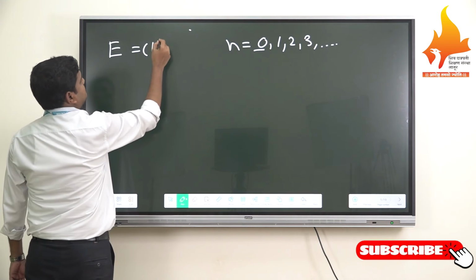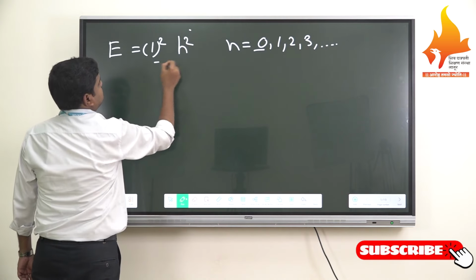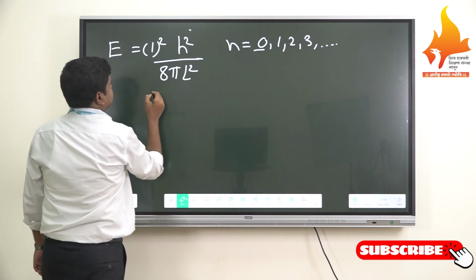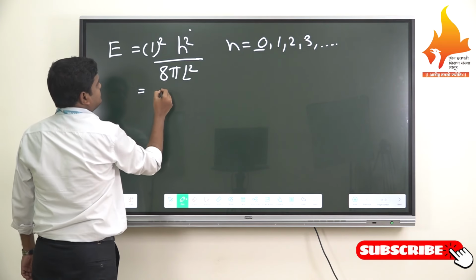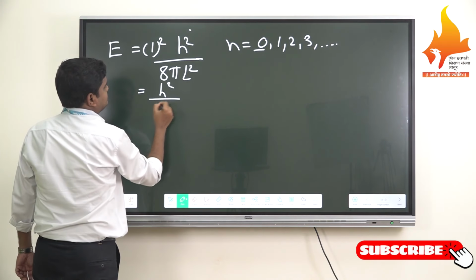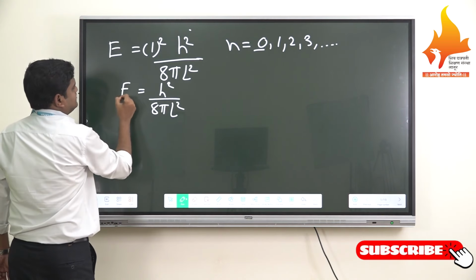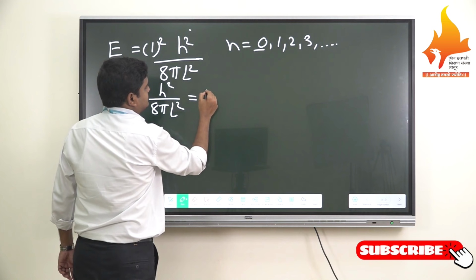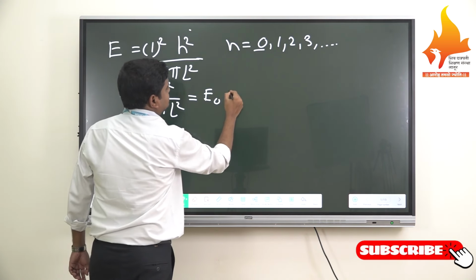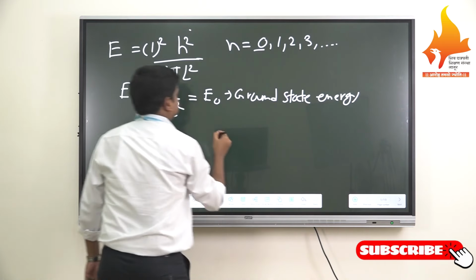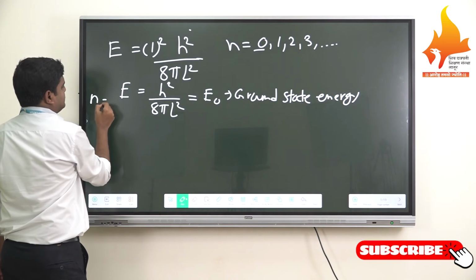Here 1² h² divided by 8mL². So 1² is 1, and the value comes out as h² divided by 8mL². Now this whole term is called E0, that is the ground state energy. Here n equal to 1 gives the ground state energy.